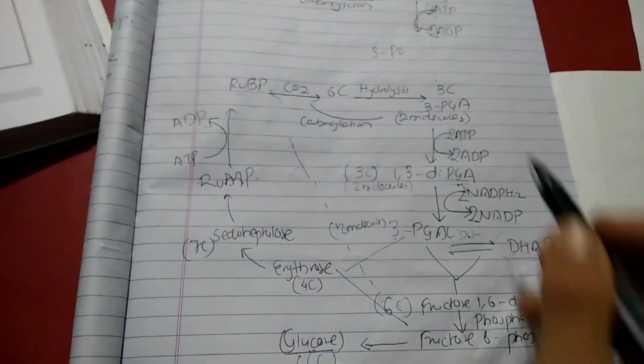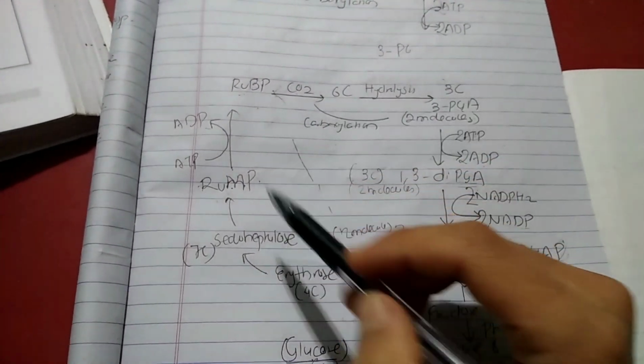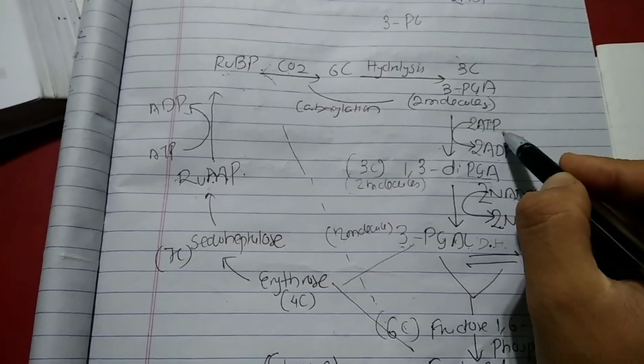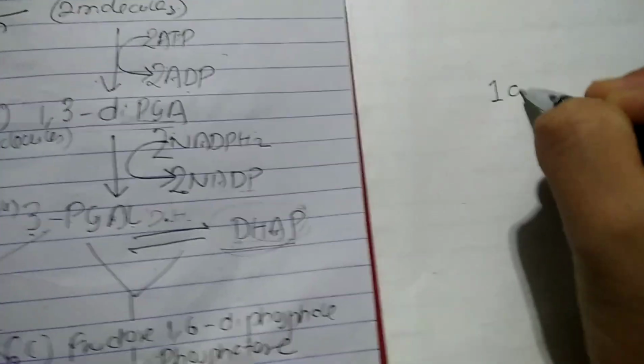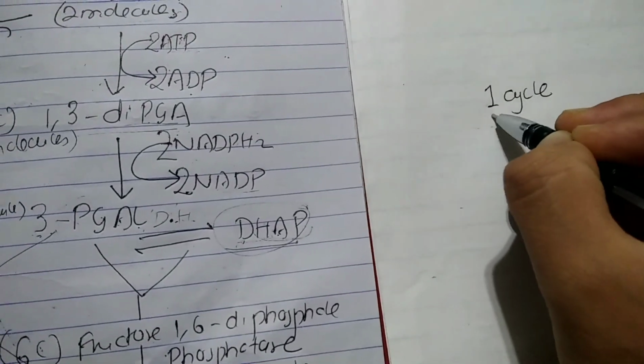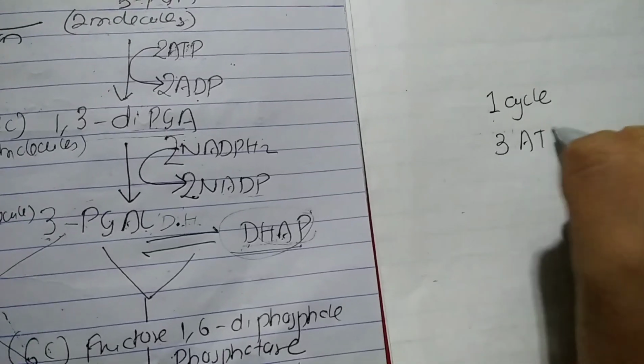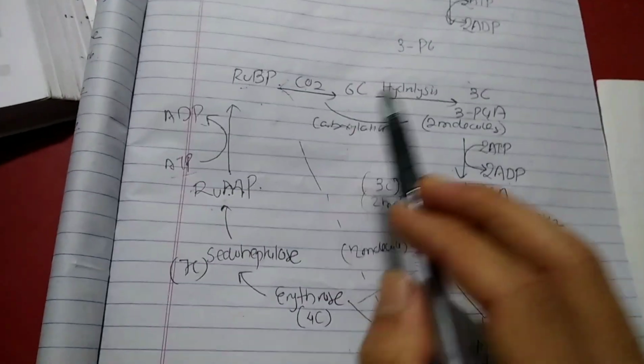So if you observe this, in one cycle 2 ATP and here 1 ATP is used. So total 3 ATP. So we can write here in one cycle 3 ATP, and how many NADPH2? 2 NADPH2 are used.